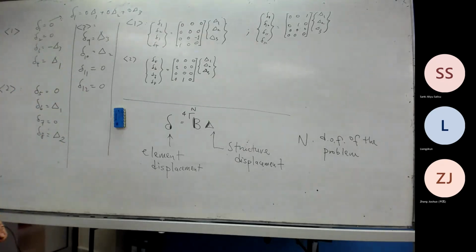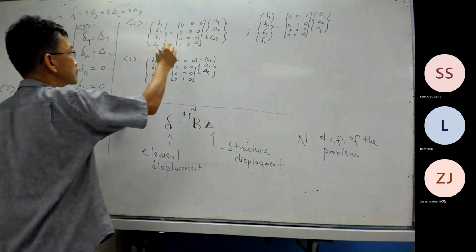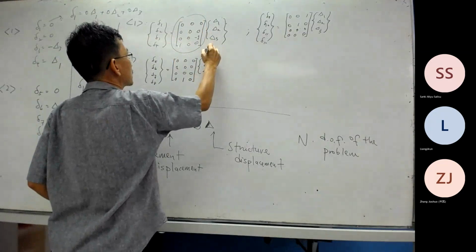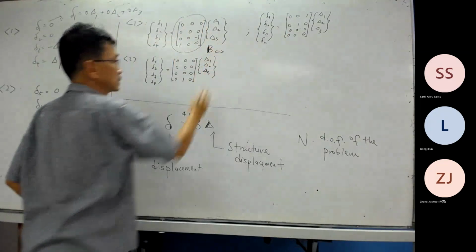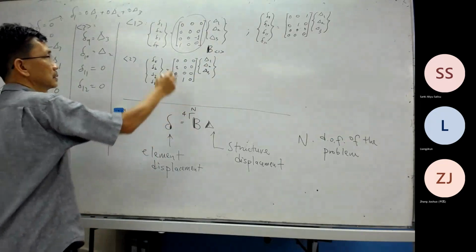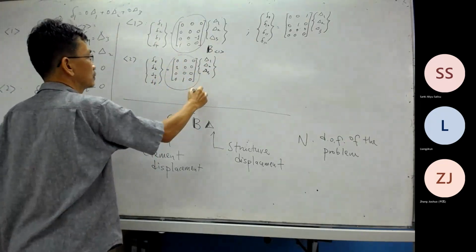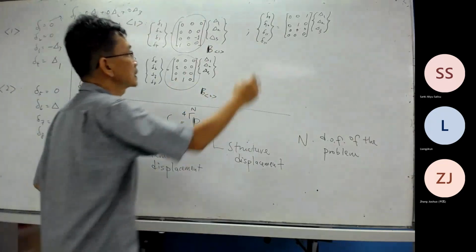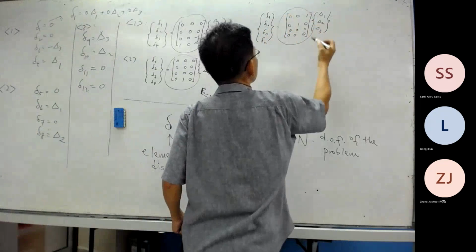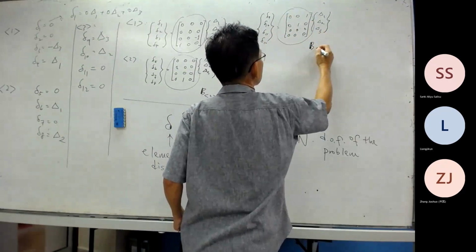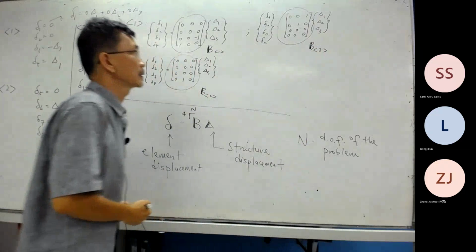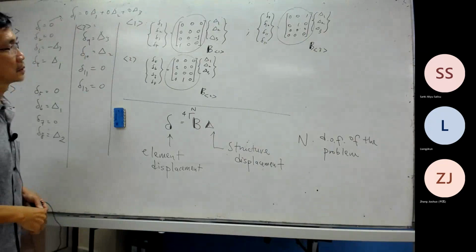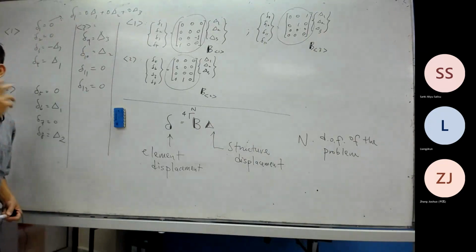Okay. So now you have your B matrix for element 1, this is your B matrix for element 2, and this is the B matrix for element 3. So remember, what is the purpose of this B?